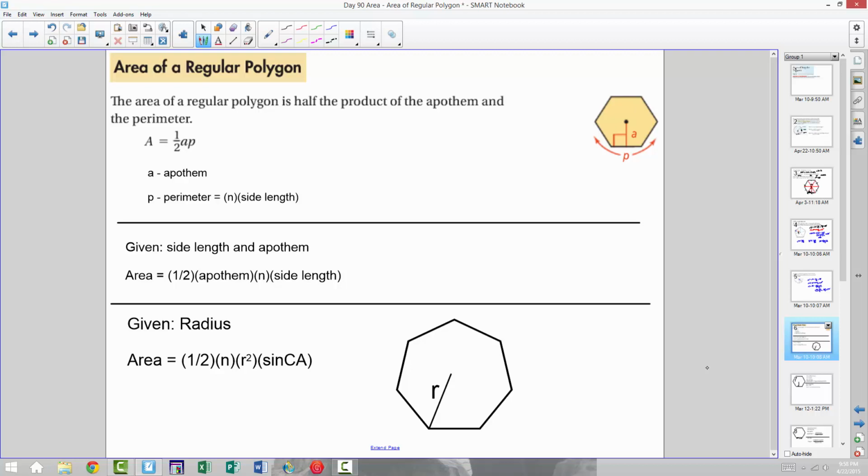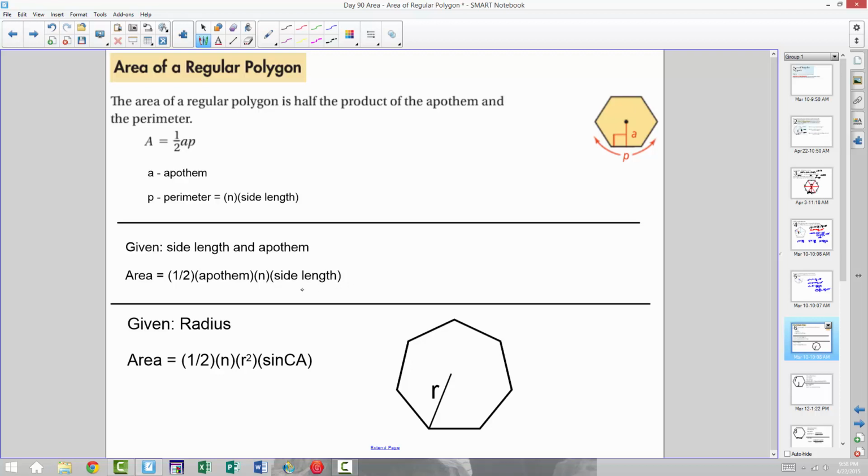Basically when you do this you're actually finding the area of one triangle and multiplying it by how many triangles are in the regular polygon. So half times the apothem times the perimeter equals area of any regular polygon.